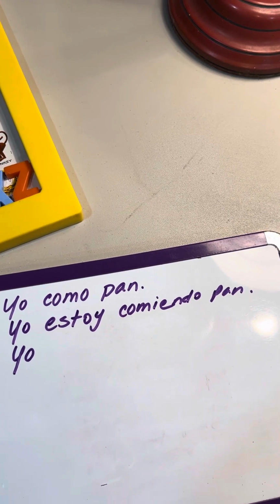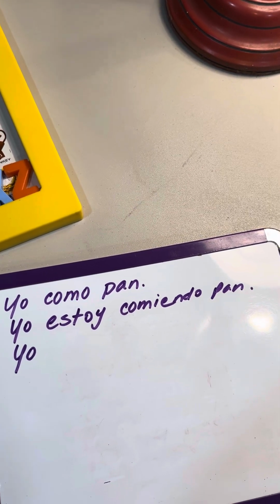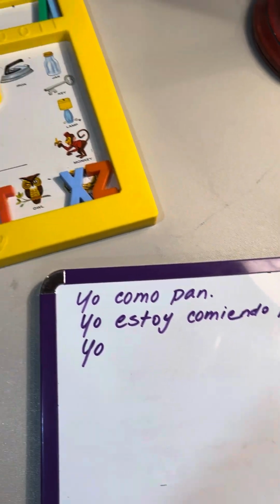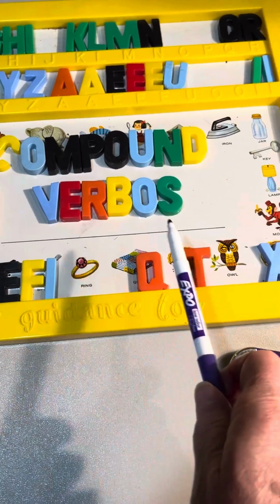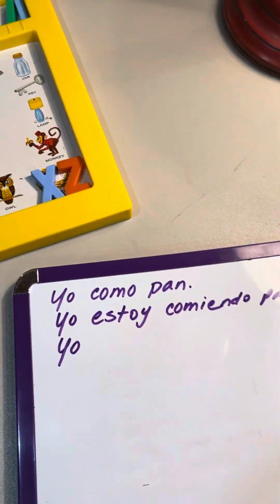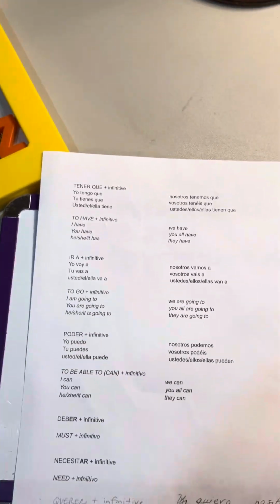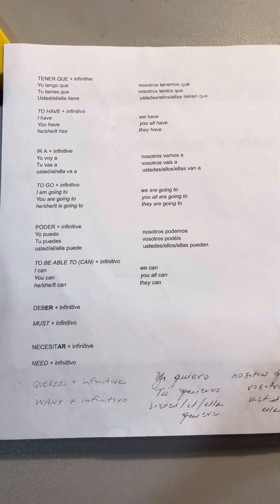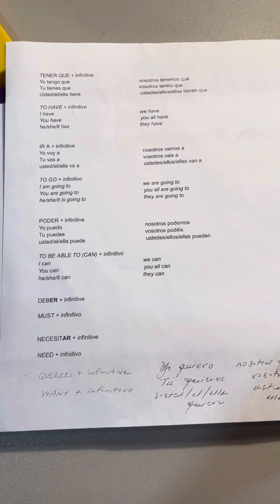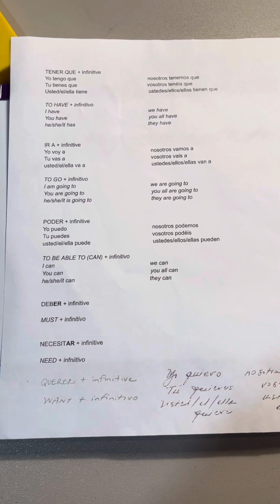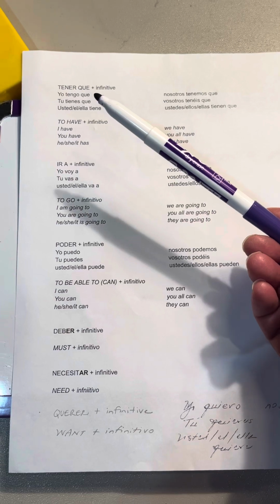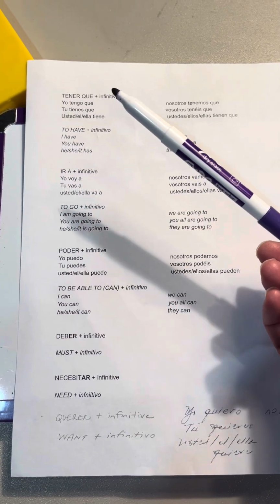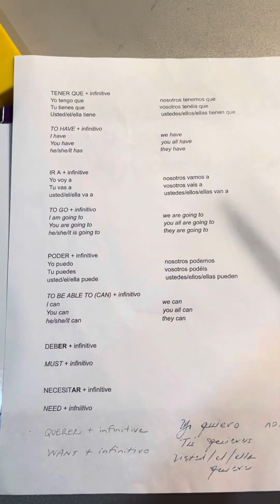So today we're going to stay in that realm of compound verbs, having more than one verb together. And we're going to look at some connections that are really easy to learn using the infinitive form. So here we have the verb tener plus the word que plus your infinitive.